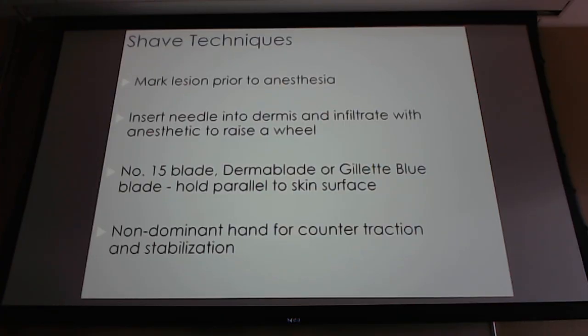Techniques: mark the lesion prior to anesthesia, insert the needle into the dermis, and puff it up. Raise a wheal, so it's pushing up that lesion so that it's a little bit easier for you to shave through. We could be using a number 15 blade, a Derma blade, which is what we just saw, that razor, or a Gillette.